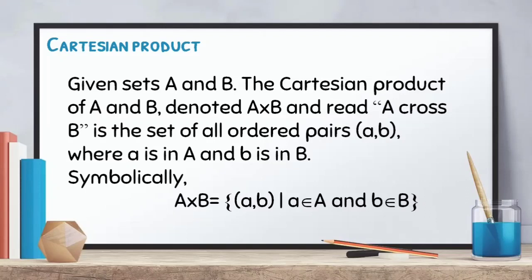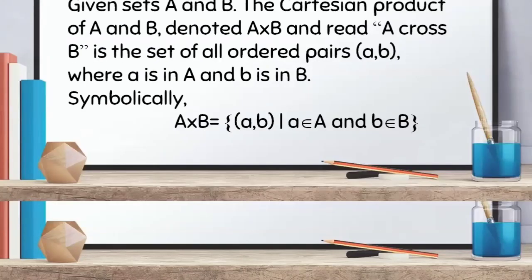So meaning we will have an ordered pair, which will be the element of our Cartesian product, where a is in A and b is in B. Symbolically, A cross B is equal to the set of (a, b), such that a is an element of A and b is an element of B. Now, for you to have a clear picture of this, we will have an example.